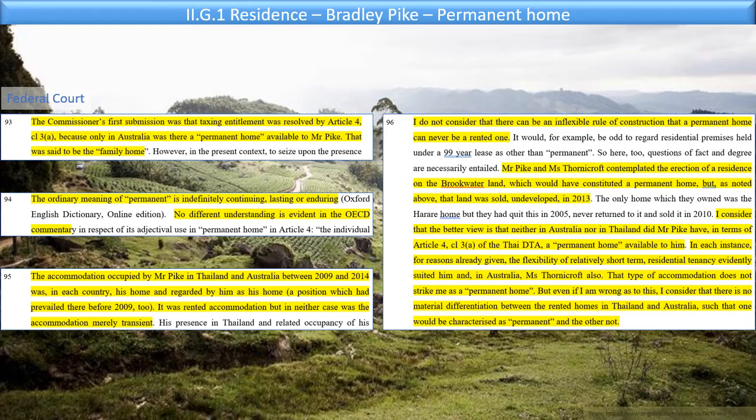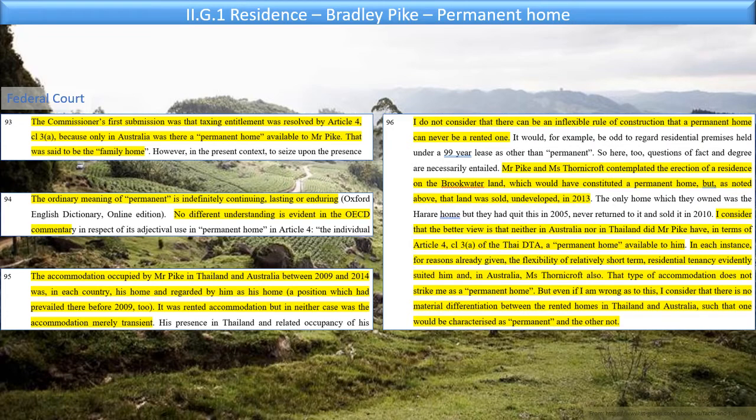But in any case, in Australia, he made this point. And then he says, Mr. Pike and Mrs. Thornycroft contemplated the erection of a residence on Brookwater land, which would have constituted a permanent home, and that was the Gulf Estate. But the problem was they weren't allowed to build any houses there. So then they sold the land in 2013.